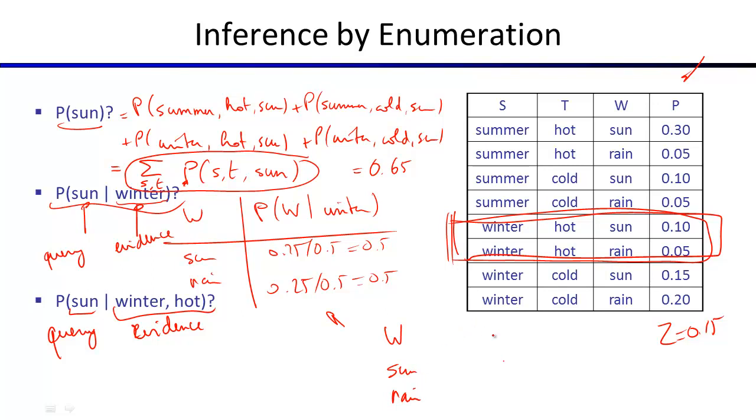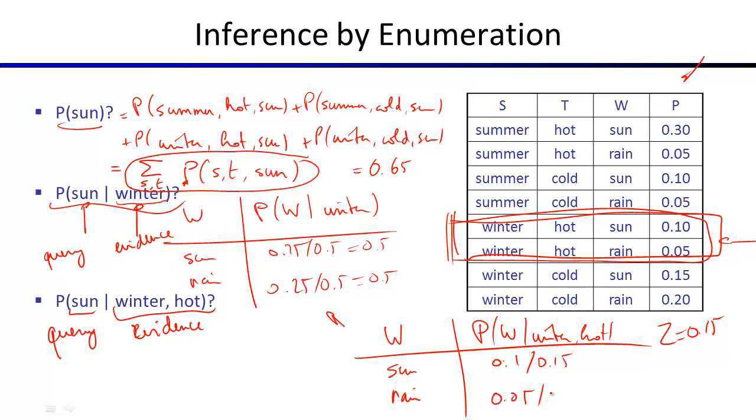Then we have the probability that we are computing, probability for weather given winter, comma hot, which will be the normalized version of these two entries, which is going to be 0.1 over 0.15 and 0.05 over 0.15, which is going to be roughly 0.6666 and roughly 0.3333.